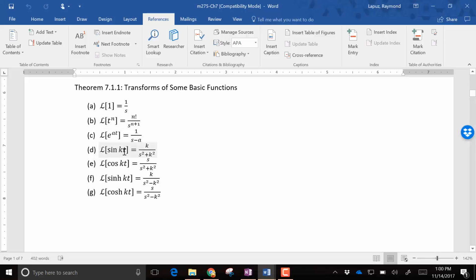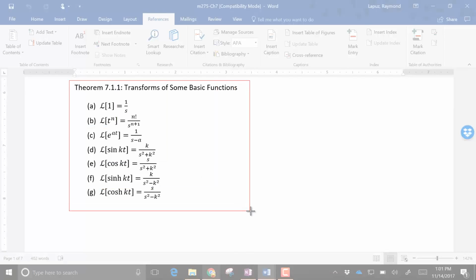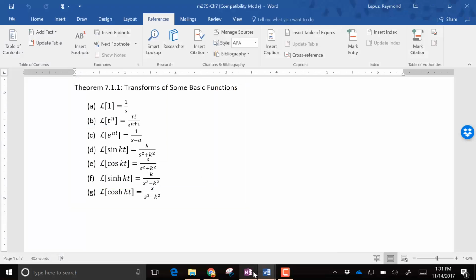I encourage you to try it yourselves or look through a video. Oh, that video had it, right? The video that you guys should have watched. We have sine, cosine, and exponential functions, and then we also have the hyperbolic functions, which we probably won't use too much in this class, but real life situations come up with these things a lot. There's a transform for each of these things. So let's take a quick picture of this and have it in our notes.